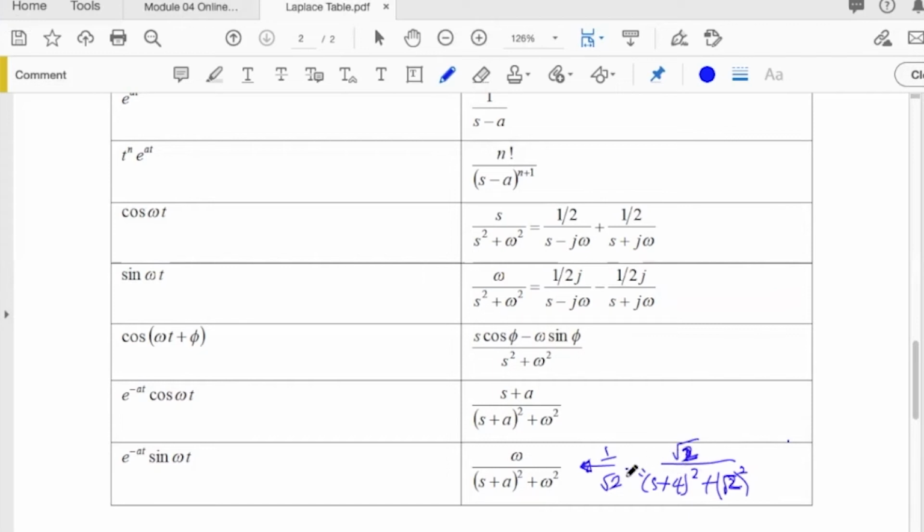Based on this idea, if we do the transformation, we will get this equation where we have exponent negative a, where a is 4t, since our omega is square root 2 multiplied by t. But don't forget you have this in front of you.